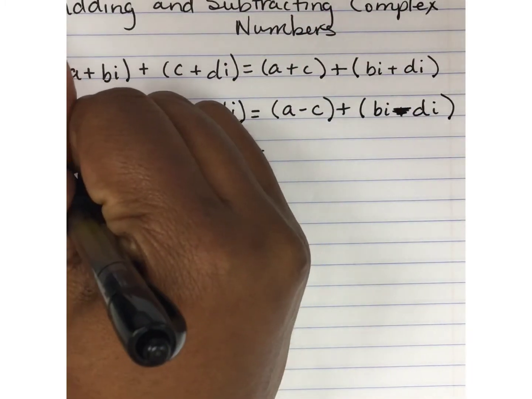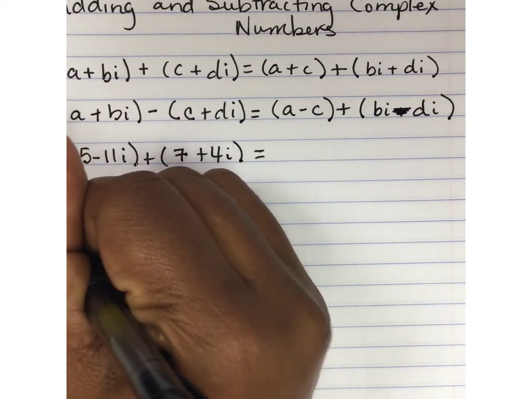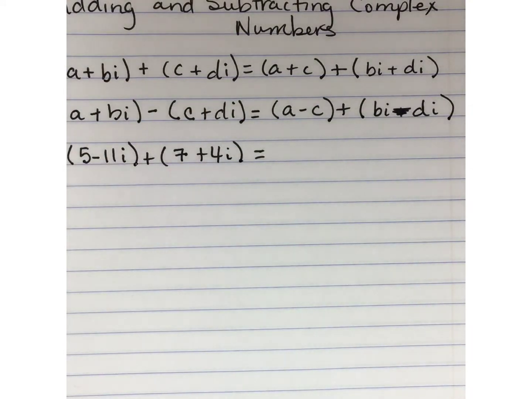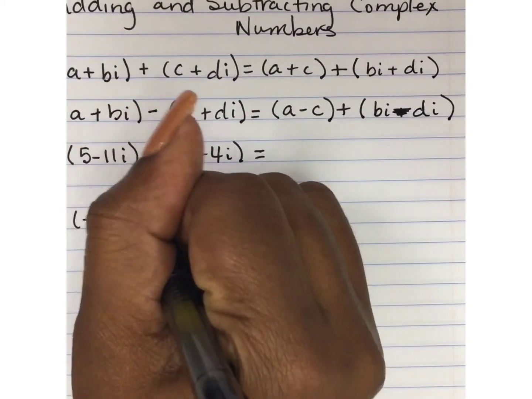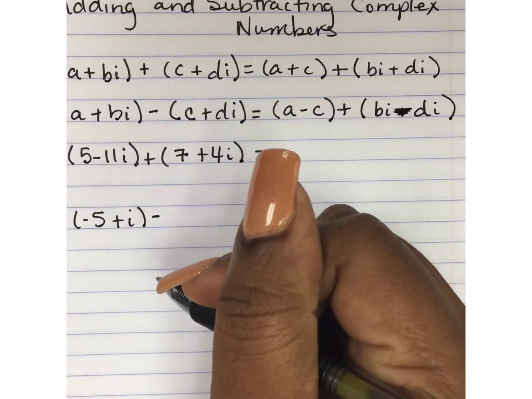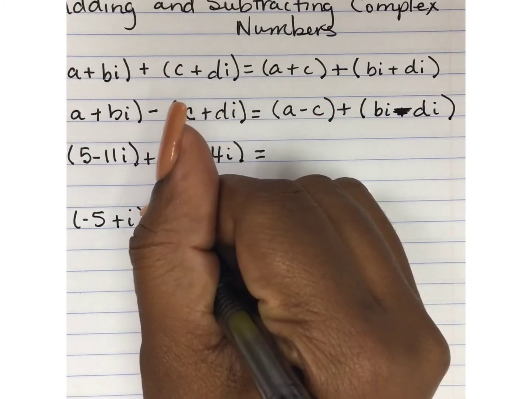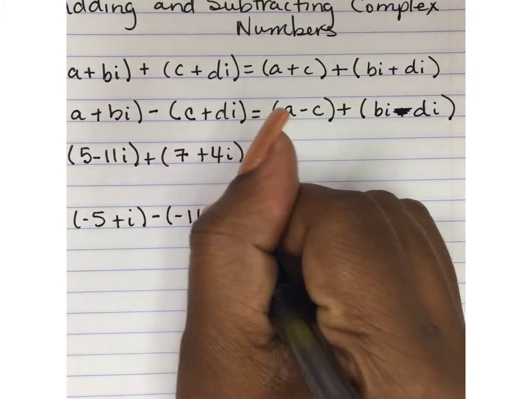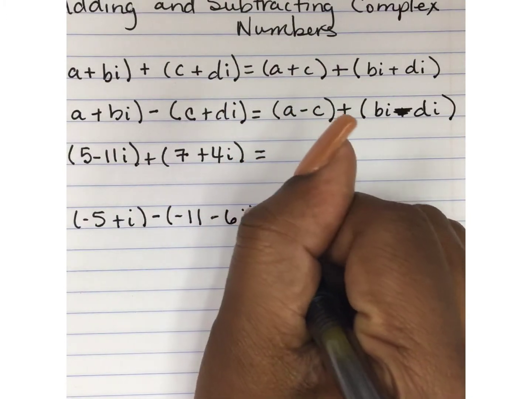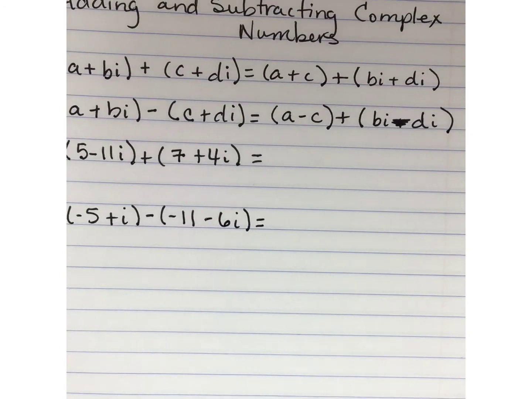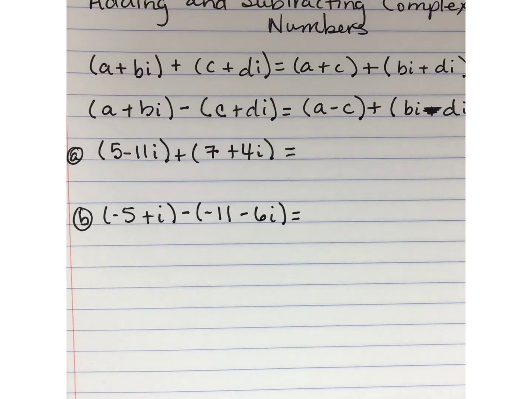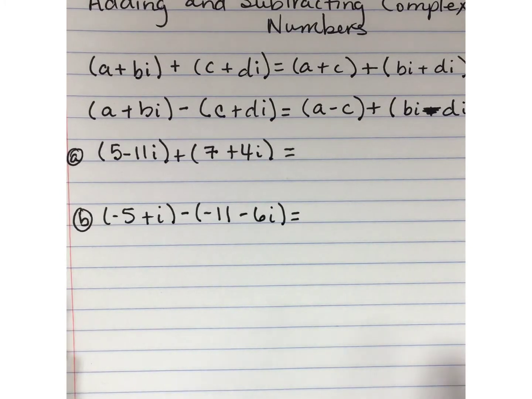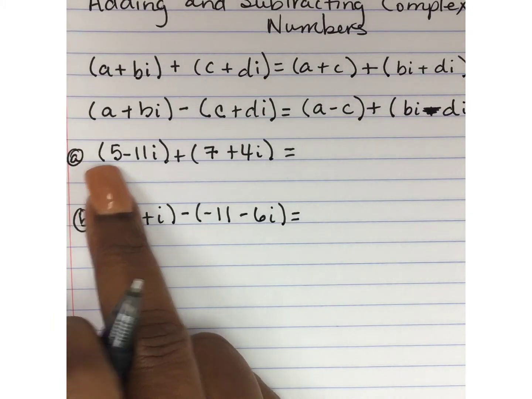And then our second problem, let's say that we have negative 5 plus i minus negative 11 minus 6i. So in A, we're going to look at the real numbers, and the real numbers are 5 and 7.